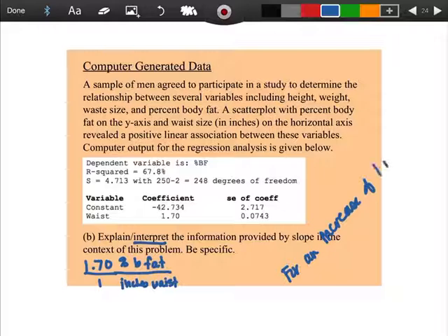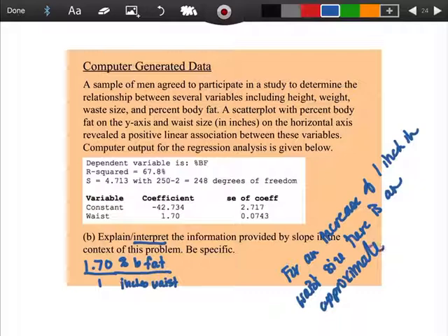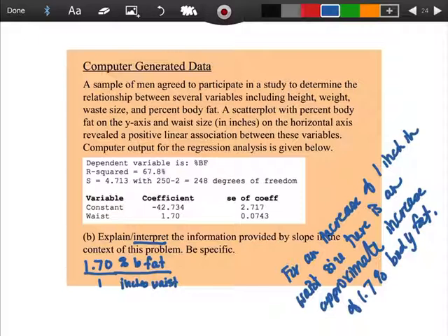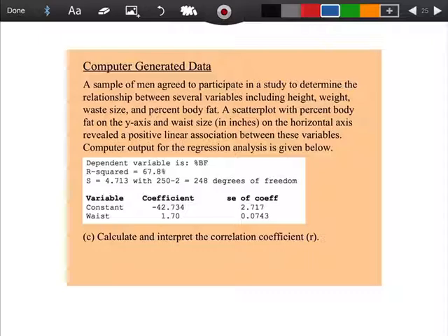So we can say, for an increase of 1 inch in waist size, there is an approximate increase of 1.7% body fat. Another way of saying that is, on average, you increase 1.7% body fat for every increase of 1 inch in waist circumference.